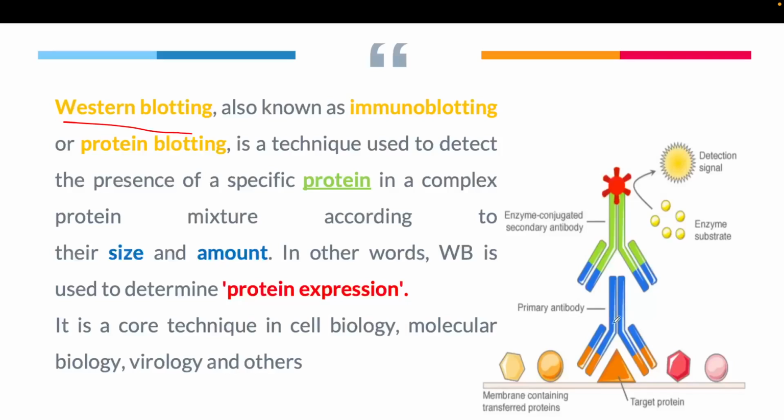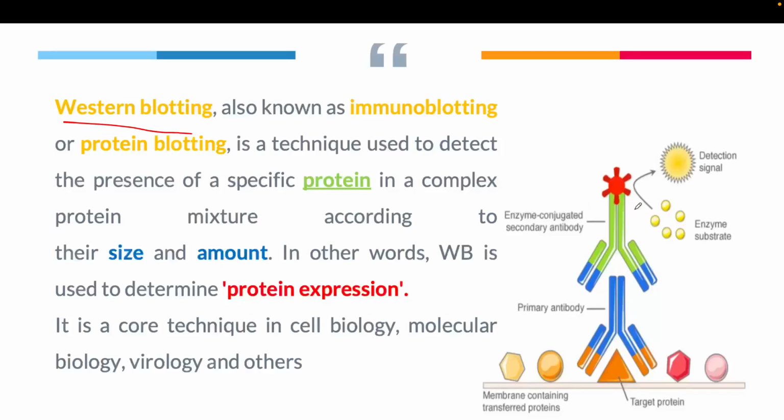This antibody can either be directly linked with some chemiluminescent material or a radioactive molecule, or you can use this antibody as a primary antibody against this particular antigen, and then add a secondary antibody which is complementary to the primary antibody and is labeled with a certain kind of enzyme.